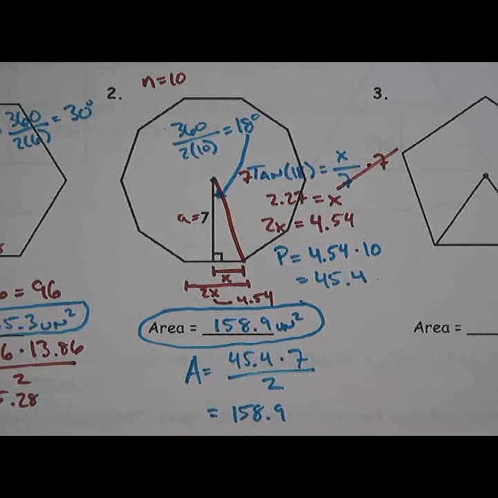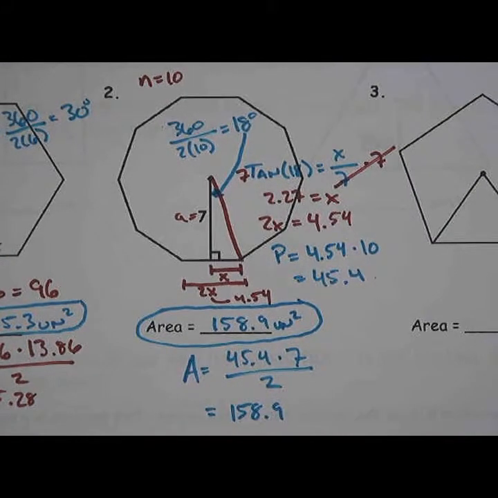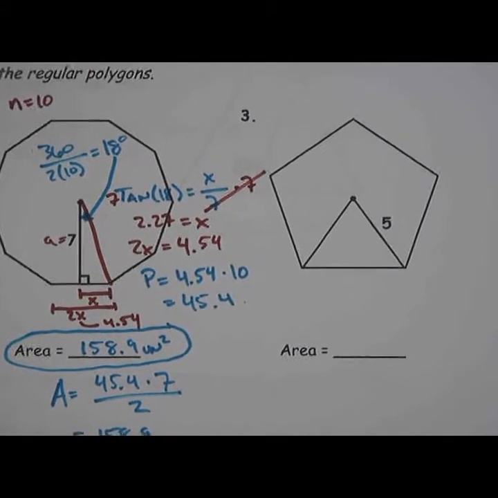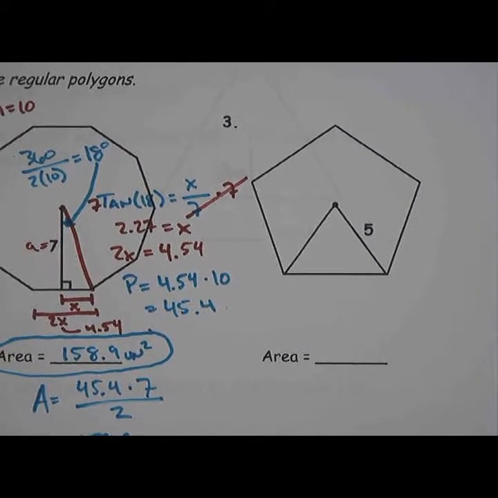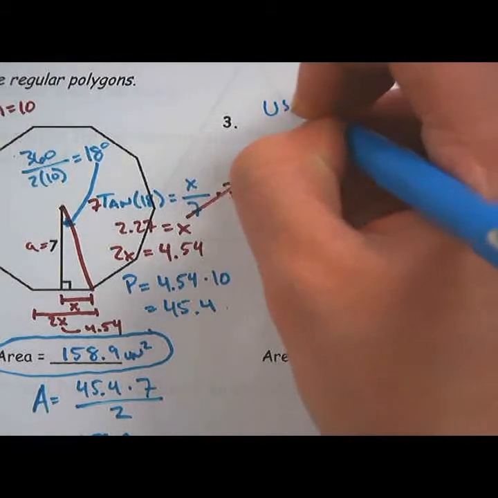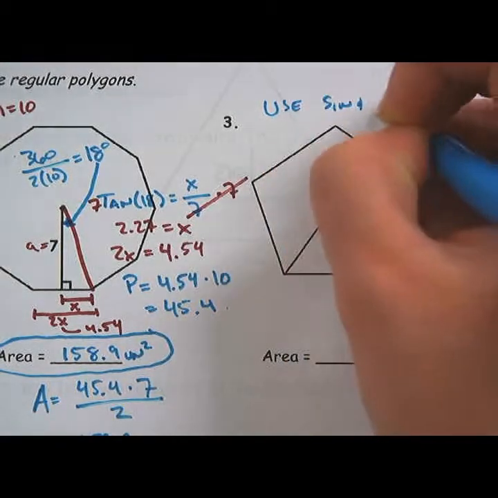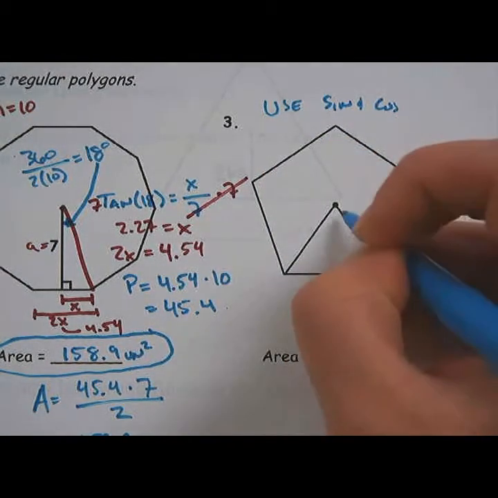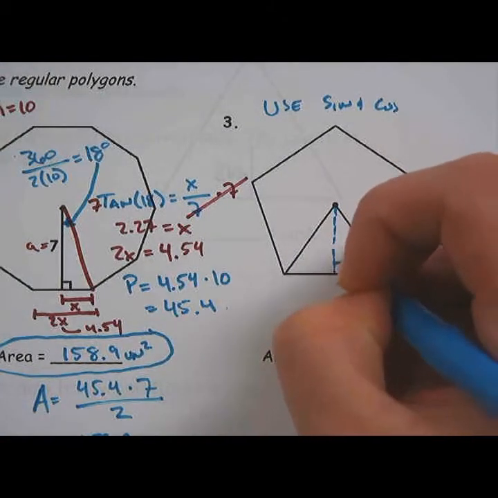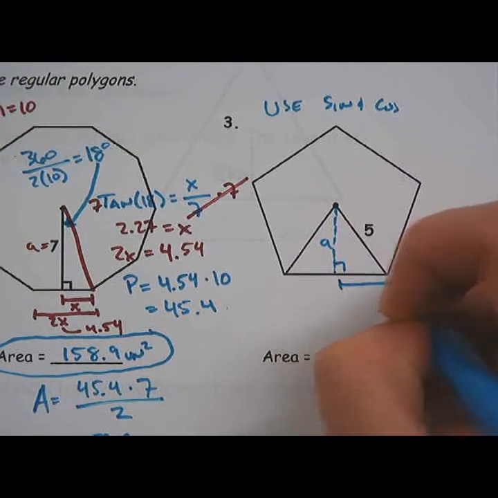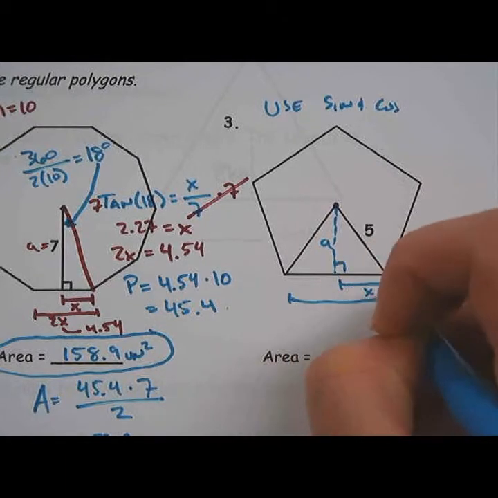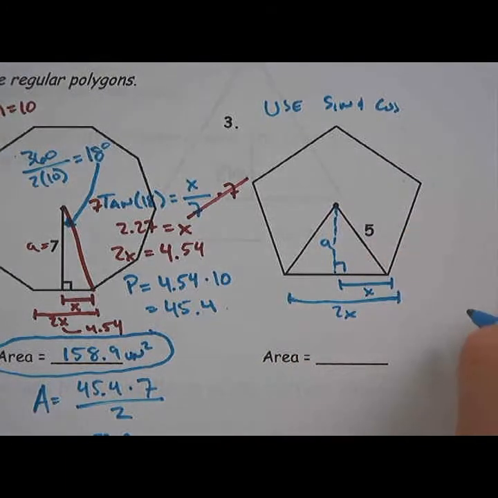All right, for the last part here, I'm going to give you a hint for number 3. For number 3, you're going to need to use sine and cosine, because you need to find the apothem, and you also need to find this missing side so that you can find this missing side of 2x.